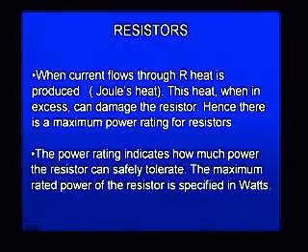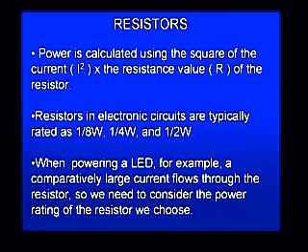Therefore, there is a maximum power rating for any given resistor, which should not be exceeded in any given circuit. So the maximum power rating specifies what is the maximum current that we can pass through the resistor. They are specified usually in watts.